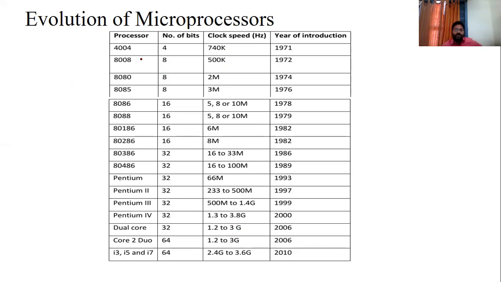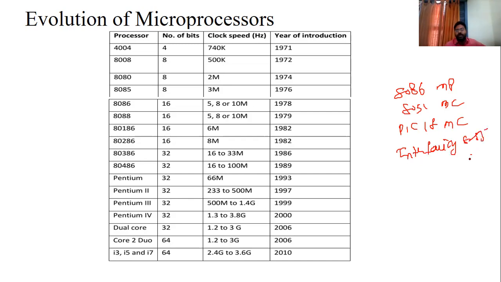You know that the first microprocessor was developed by Intel. Whatever we are discussing, the entire thing, may be the 8086 microprocessor, or the 8051 microcontroller, or PIC 18 microcontrollers, and the interfacing devices 8255, 8279, 8257, all developed by Intel. You are studying Intel manufactured devices only.